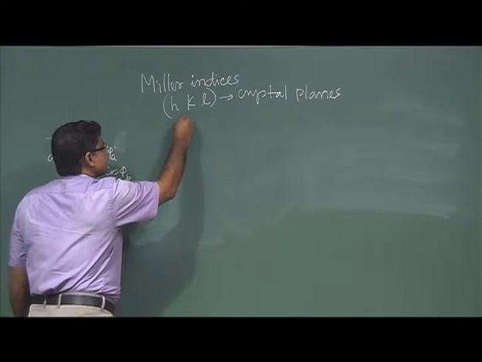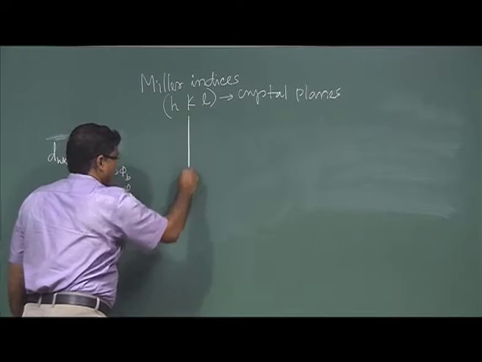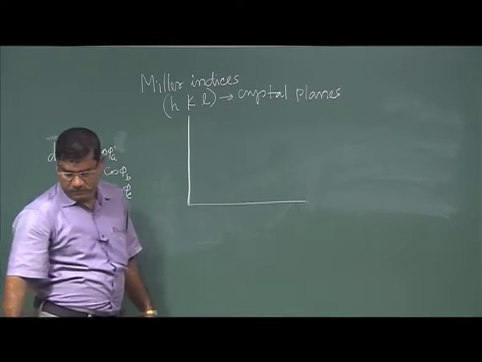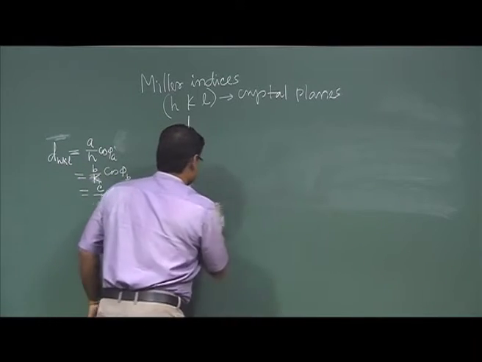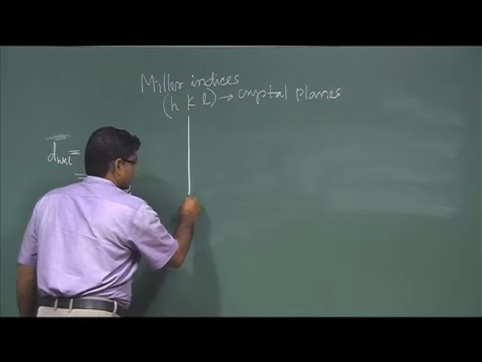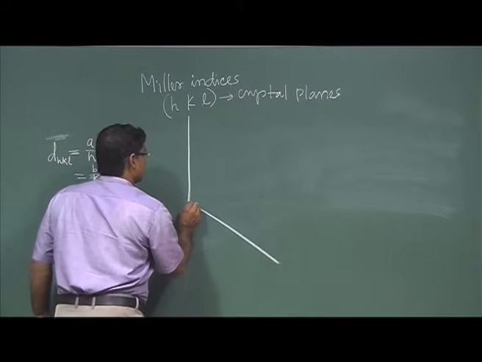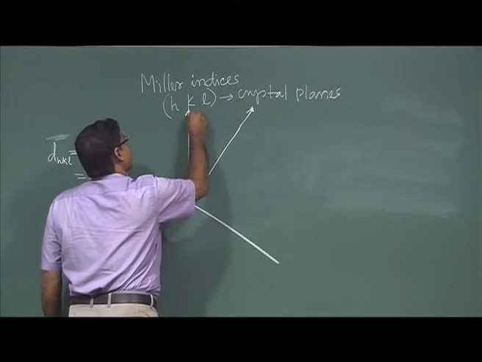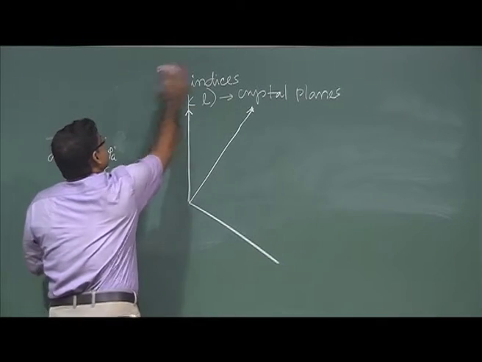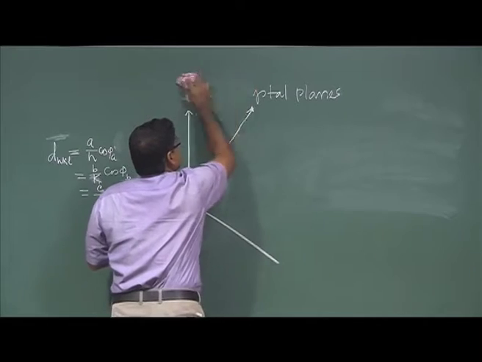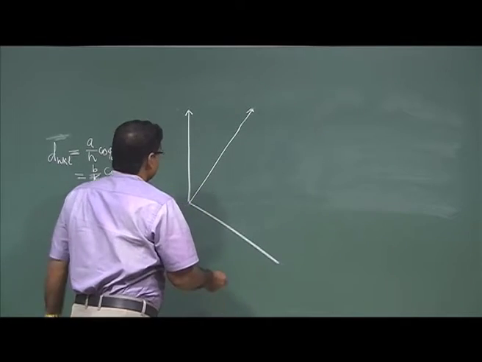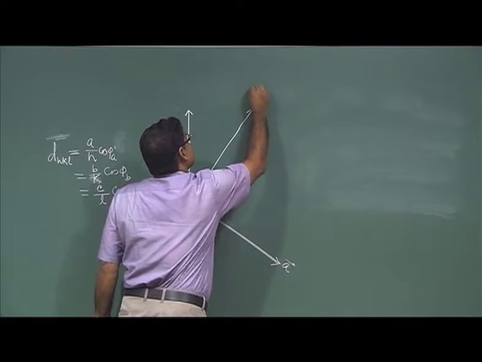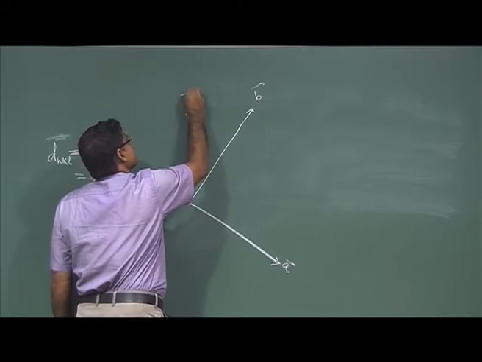So just let us consider two axis systems. So this is the A axis, this is the B axis, and this is the C axis.